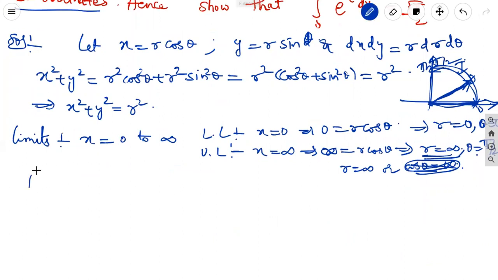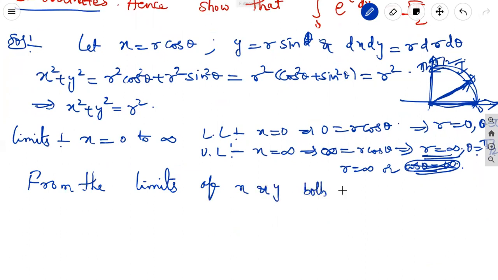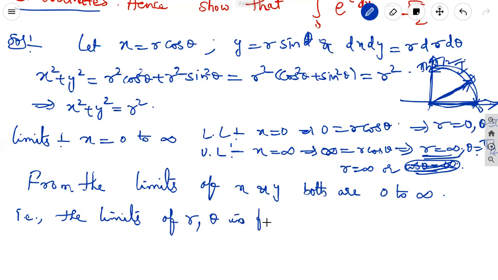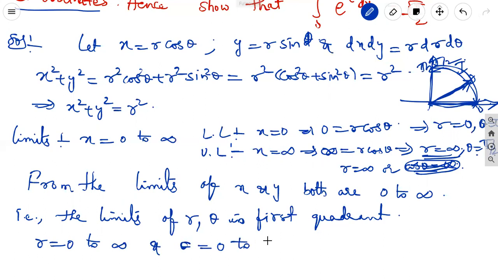So from the limits of x and y, both 0 to infinity, that is nothing but the limits of r and theta in the first quadrant. From this, r equal to 0 to infinity and theta equal to 0 to pi by 2.